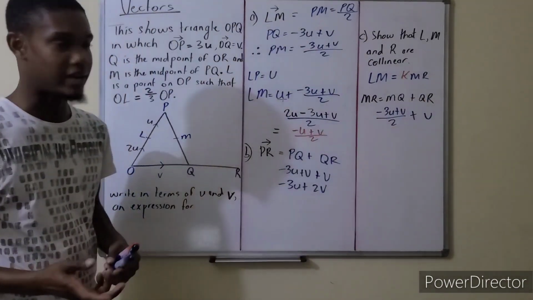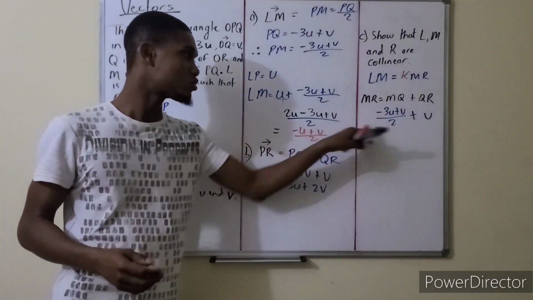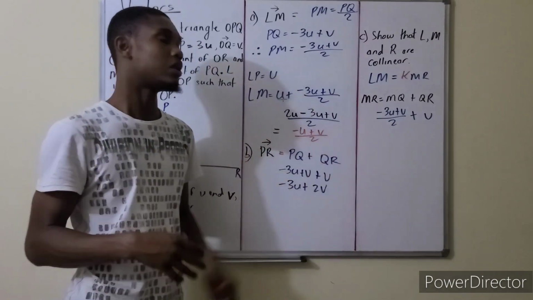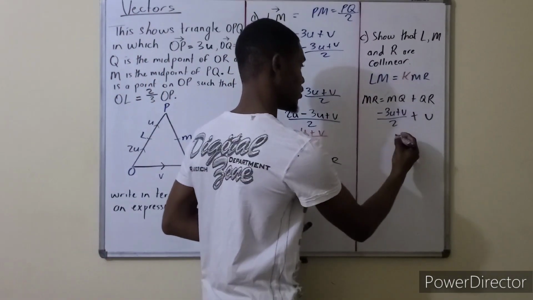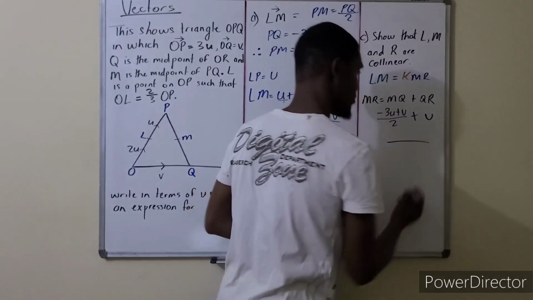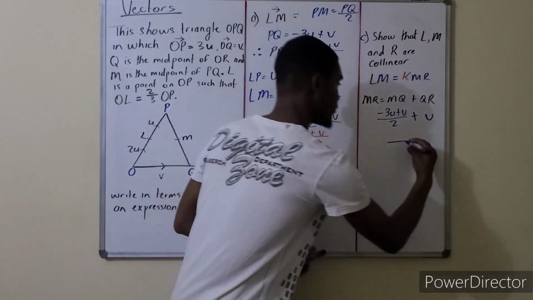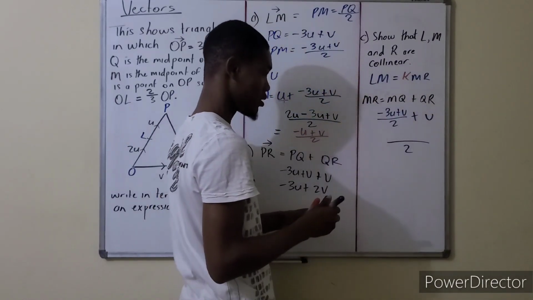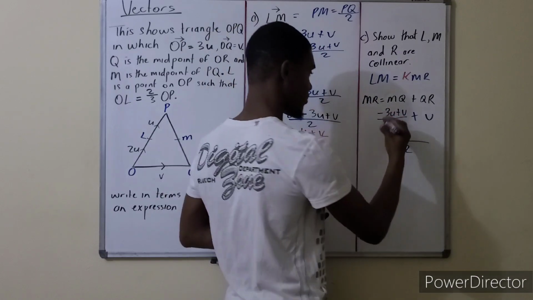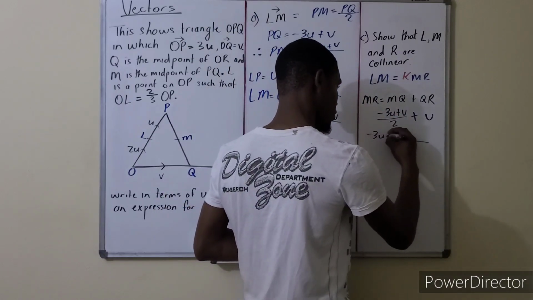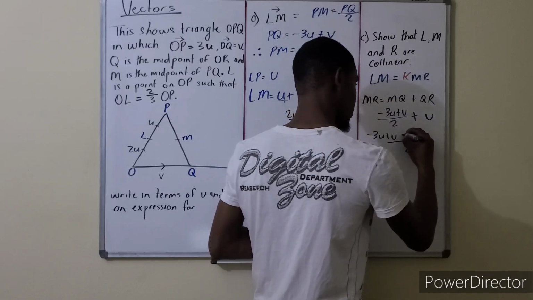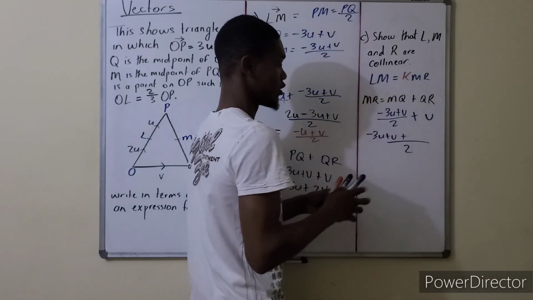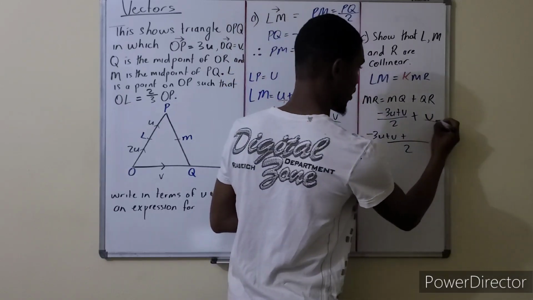So let's simplify, because these don't look so similar. Simplifying this, we use a common denominator of 2. So 2 into 2, you just write back everything on this as negative 3U plus V, plus, remember, V would have a 1 underneath.